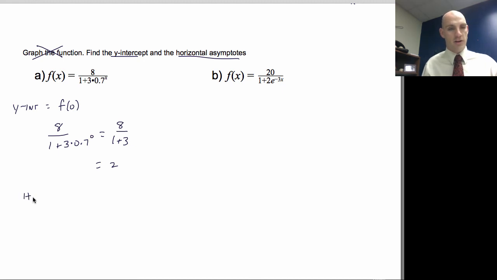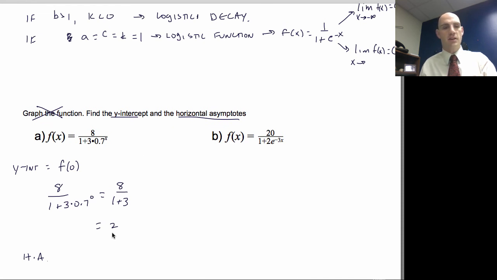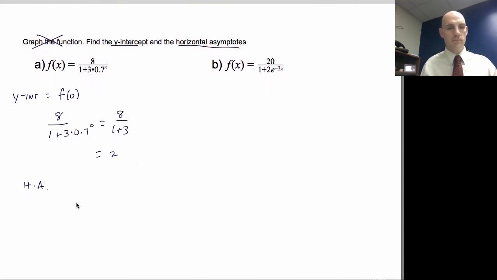Our horizontal asymptotes, as discussed up here, as x goes to infinity, is going to be my c, my number on top. 8 is our limit. The limit as x goes to negative infinity is going to be 0.